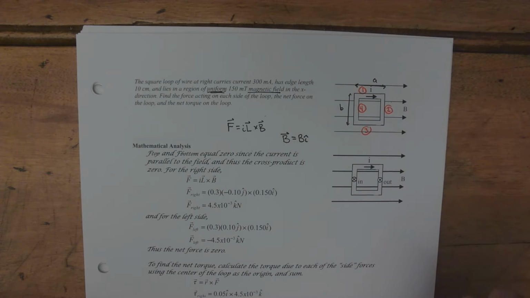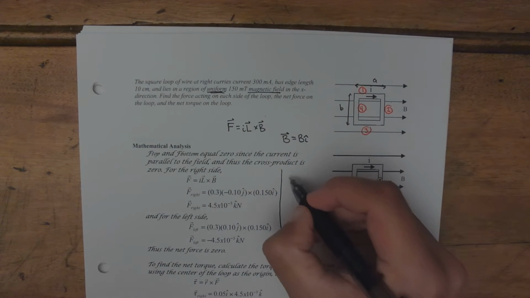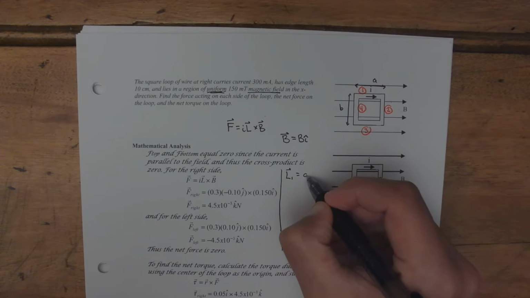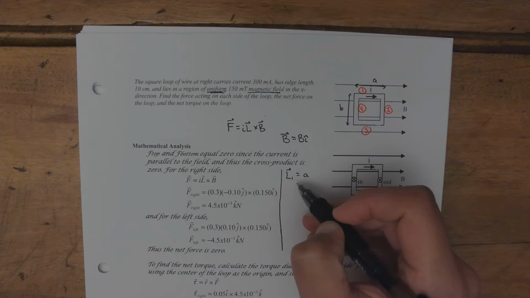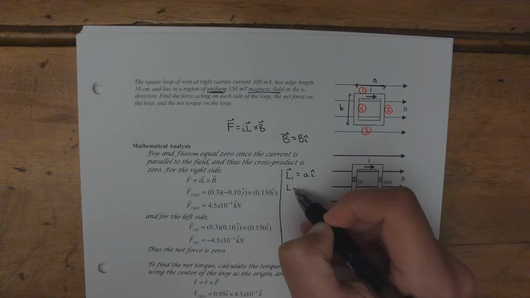And the length, let's actually write all this out now. So for side 1, the length is A, and the current's going in the I hat direction, and remember that the direction of the vector L is the direction that the current is going in. So this is A I hat.